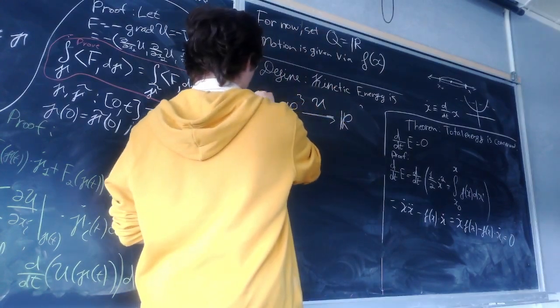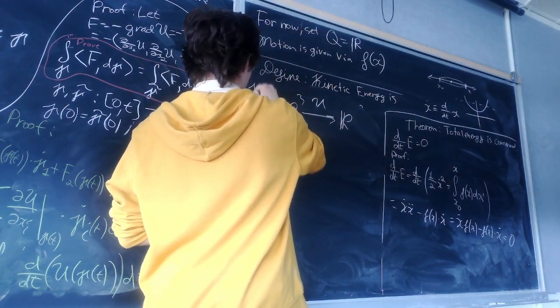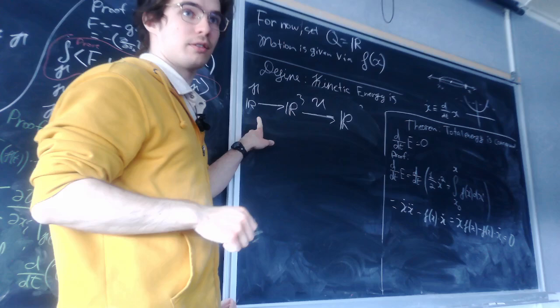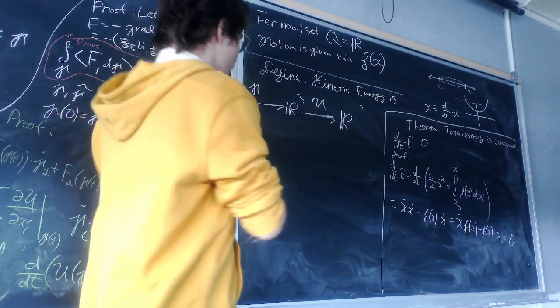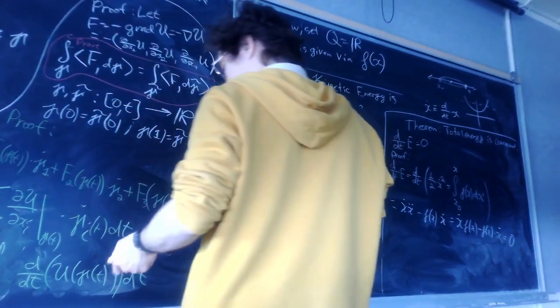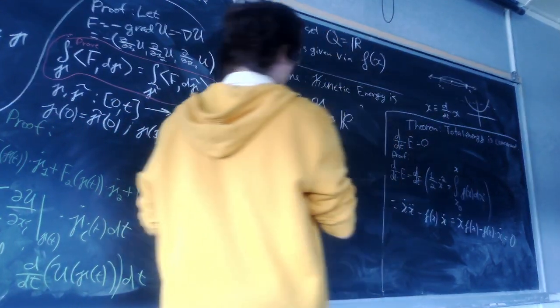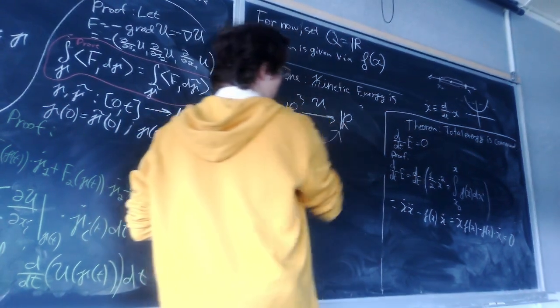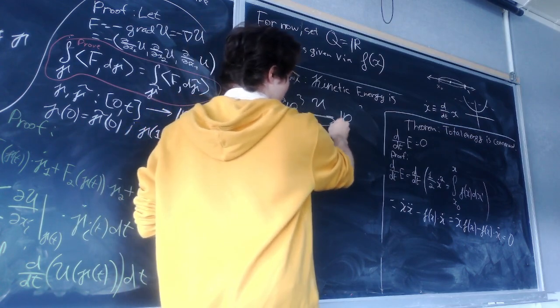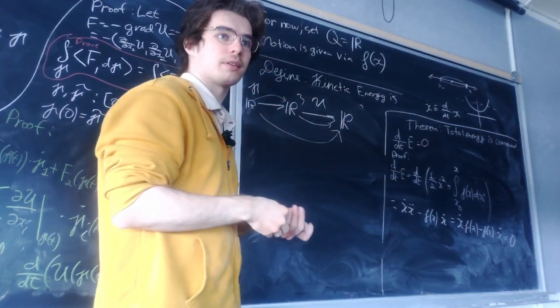But then before this, I have a function gamma that takes in a point in R and sends it to R3, right? So if I want to compute the derivative from here to here, that would be the same as computing the derivative from here to here, and then the derivative from here to here, and then composing the two of them. Do you agree?